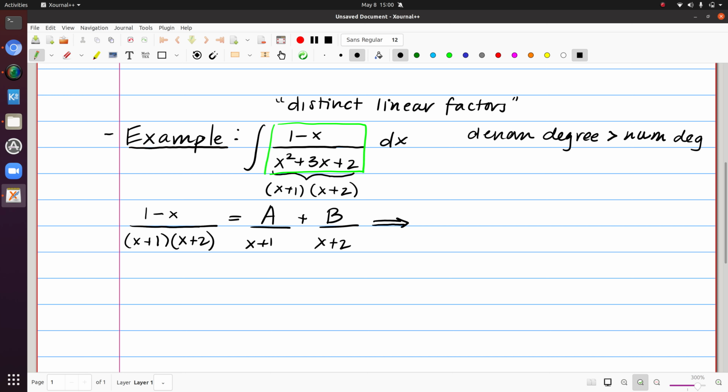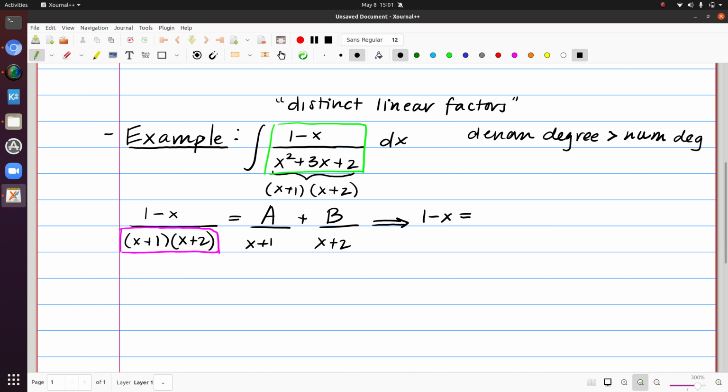And I'm going to take this expression and multiply both sides by the common denominator here. So multiply both sides of the equation by that. On the left-hand side, if you multiply by its denominator, you're just going to get the numerator.